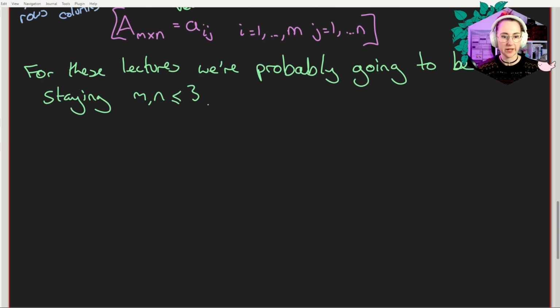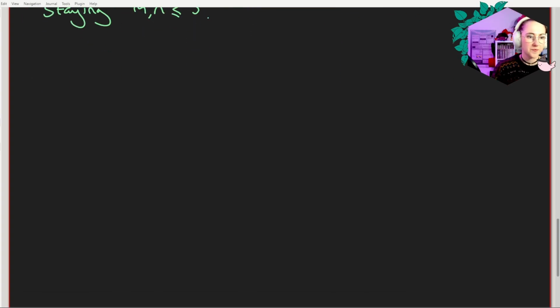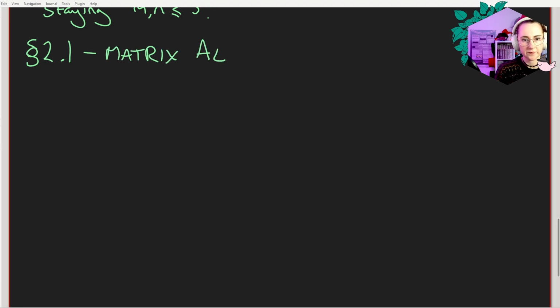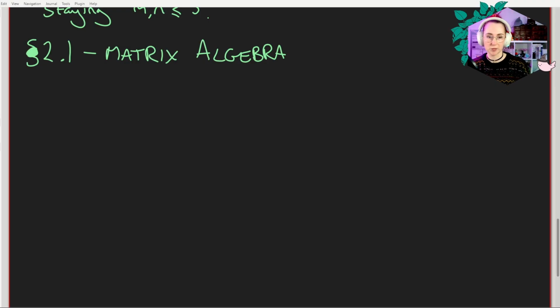So we're now going to set up the sort of matrix toolbox. So 2.1. We did vector algebra, now we're going to do matrix algebra, and all of this comes under the umbrella of linear algebra.